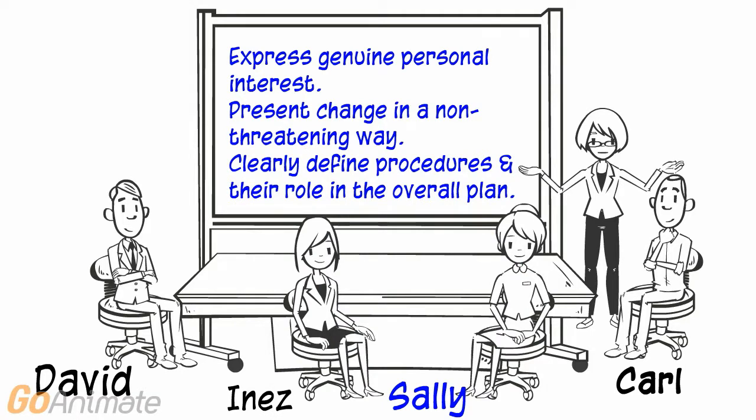Sally is an S, so that may come more naturally for me. It might be helpful to her if I express genuine personal interest in her, present change in a non-threatening way, and clearly define procedures and her role in the overall plan.